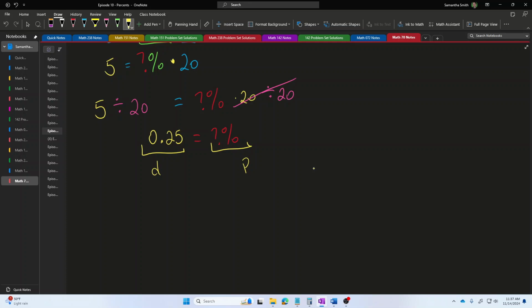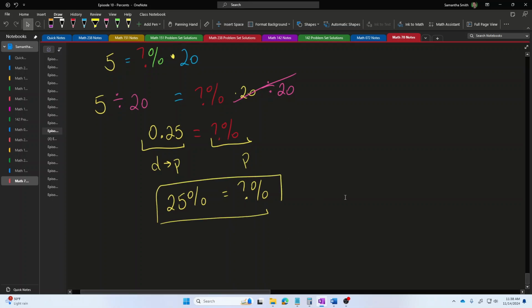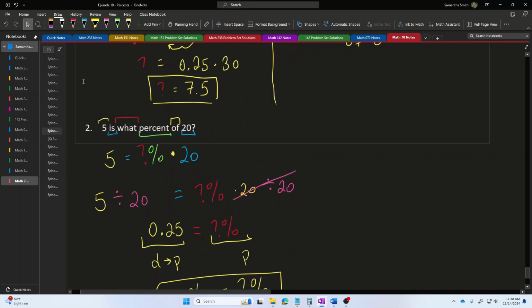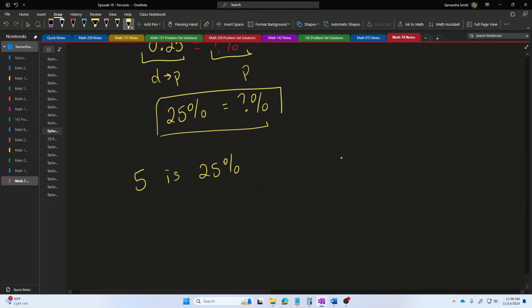To convert a decimal to a percent, we move the decimal place 2 units to the right, which gives me that 25 is the unknown percent. And so what I'm saying is that 5 is 25% of 20.